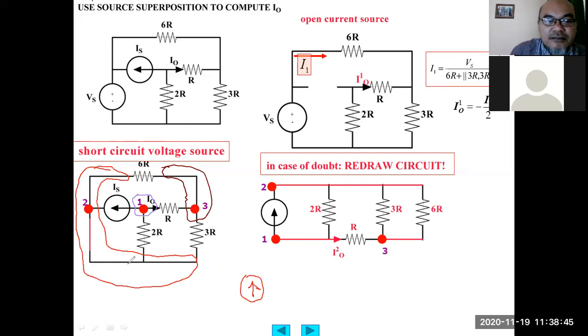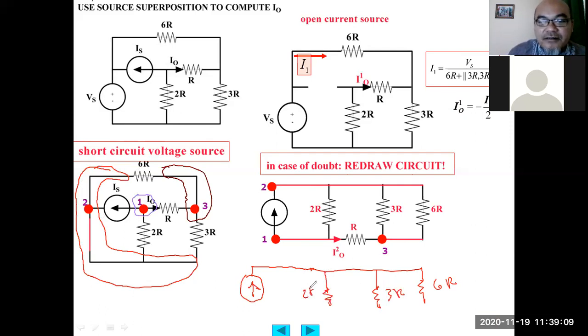Draw first this node number 2, connected here to the 6R, then 3R first, and then the other one is 2R. So we know that this one is node number 2. Then afterwards you check again.